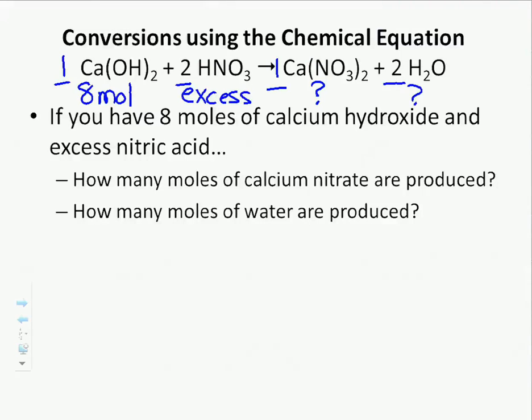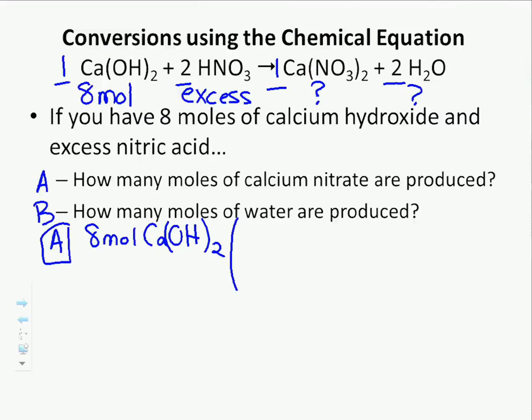So the way I like to work these problems is for part A, so we'll label that A, this B. So for part A, what I've got is 8 moles of calcium hydroxide. You can utilize the coefficients in the chemical equation as a conversion factor. So what I mean by that is we've got moles of calcium hydroxide on the top, so we can put that in the bottom.